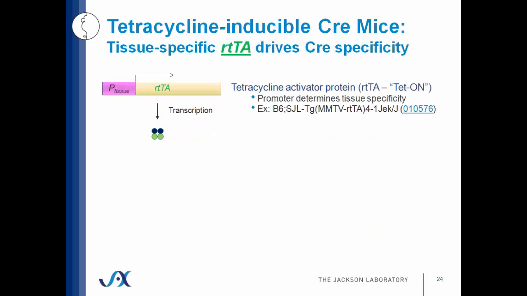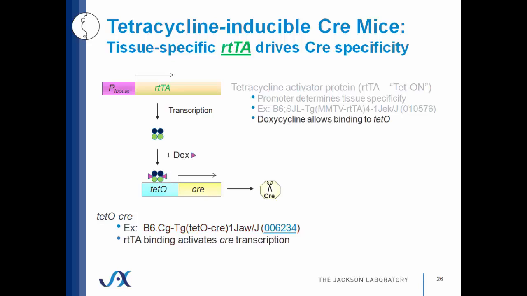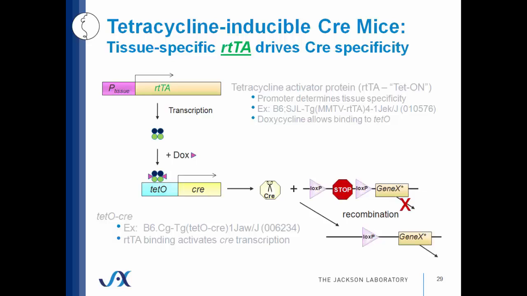And then you can use the tetracycline system to turn on Cre expression. You have your tissue-specific promoter driving RTTA, for example, say MMTV, where it's driving in a mammary tissue. It'll express RTTA, and then you have your TET-O Cre, and then in the presence of doxycycline, that will then bind and then turn on expression of Cre, which can then recognize LOXP sites in your gene of interest, recombining them, and then knocking out your gene of interest where it's expressed.